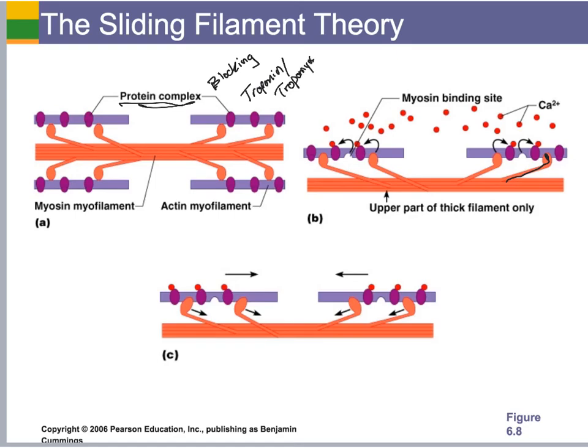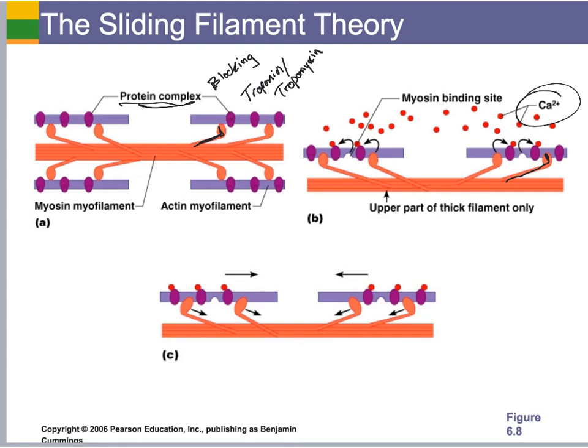So these myosin heads have to attach to these binding sites, but they're blocked. The only thing that can unblock those myosin binding sites on the actin filament turns out to be calcium. So that's why we need calcium as a final trigger for muscle contraction.